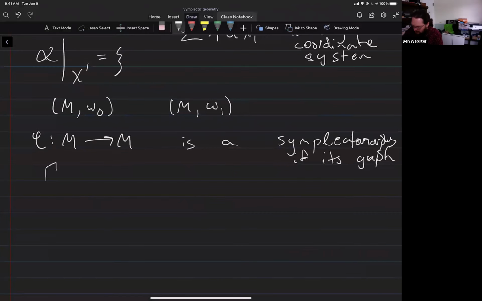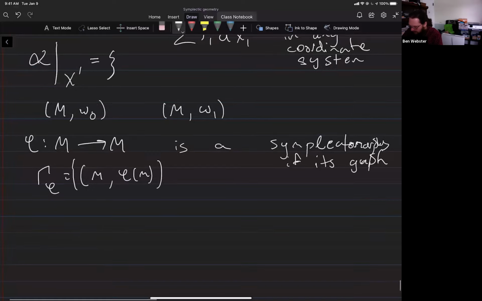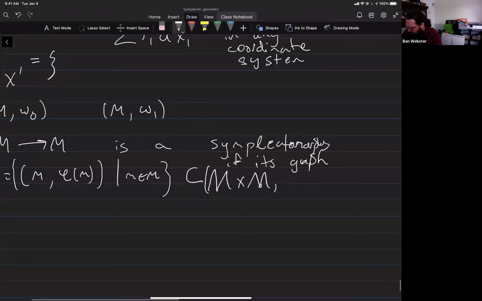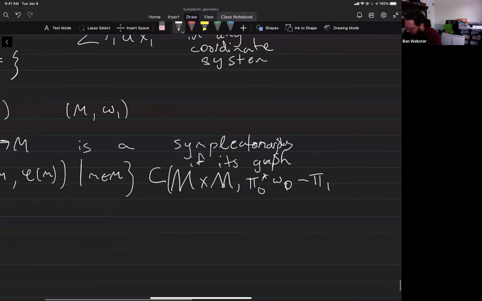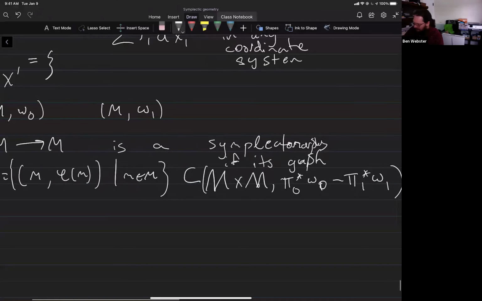So I have the graph of phi, all the pairs of the form (m, phi of m), and I think of this inside the symplectic manifold M cross M, with the form pi_0 pullback of omega_0 minus pi_1 pullback of omega_1.